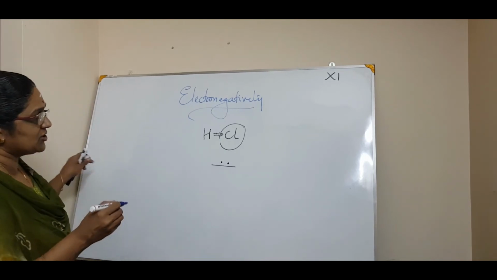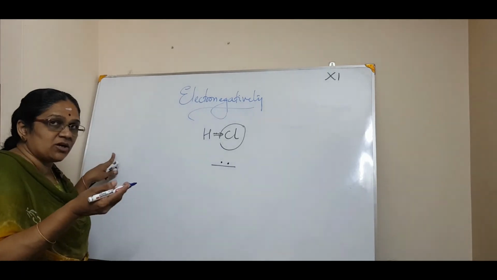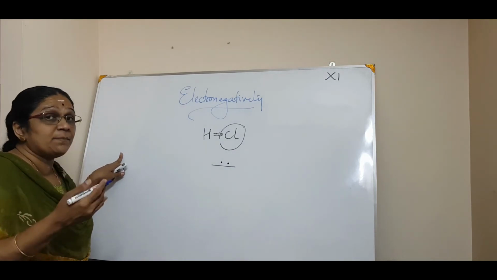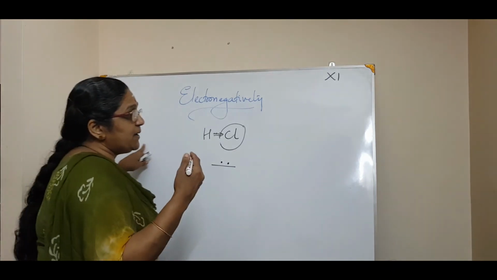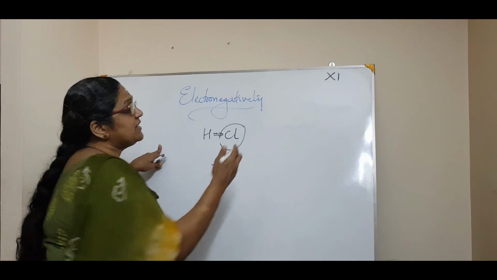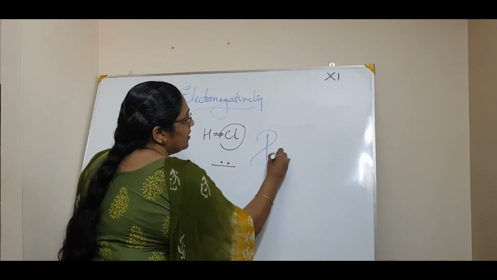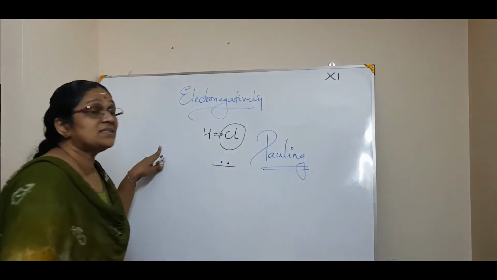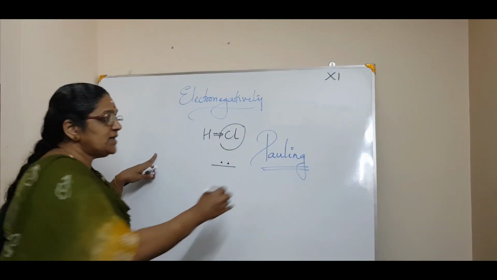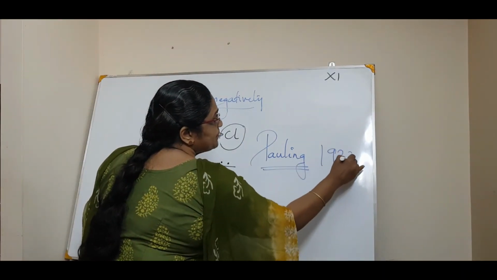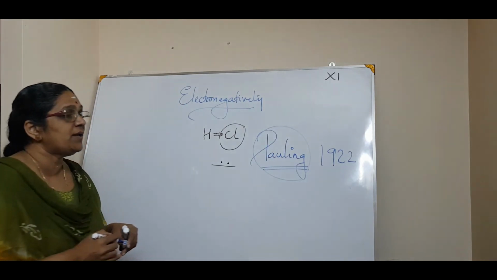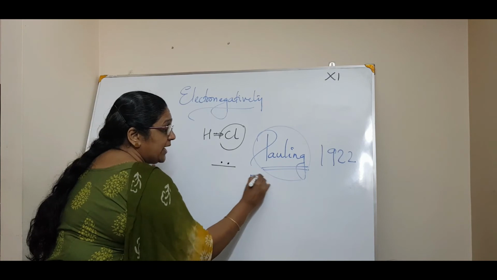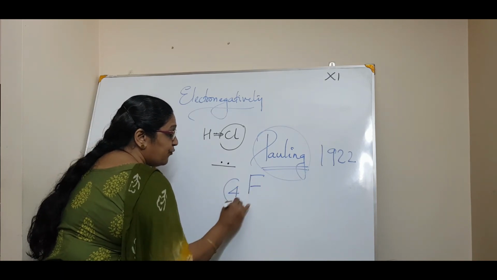It is not a measurable quantity, but scientists make it measurable. It is not 100% correct, but still scientists measure the electronegativity experimentally, and the widest applied scale was the Pauling scale. In 1922, the scientist Linus Pauling arbitrarily chose the electronegativity of fluorine as 4.